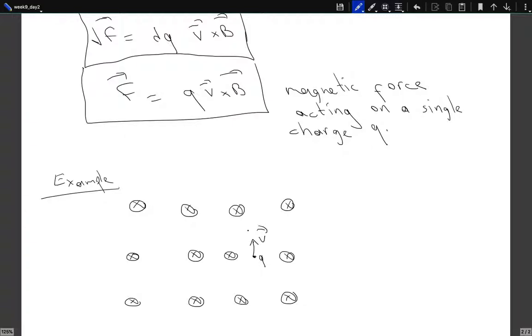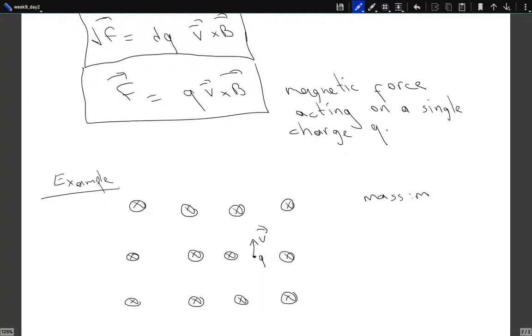What will be its motion? Well, if we want to determine the motion, first we have to determine the force. Because once we determine the force, and let's say we know its mass, Newton tells us how to calculate its trajectory.